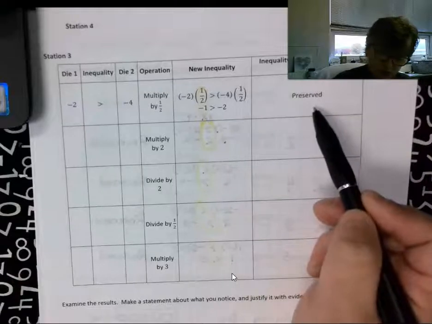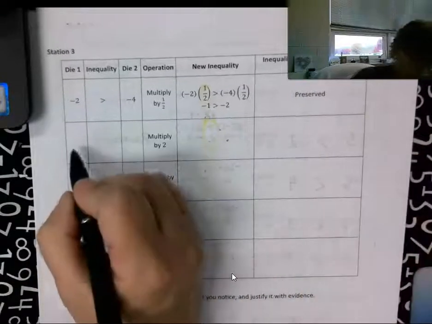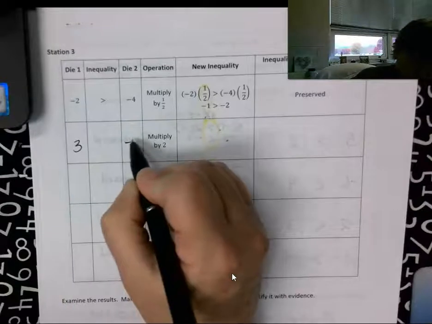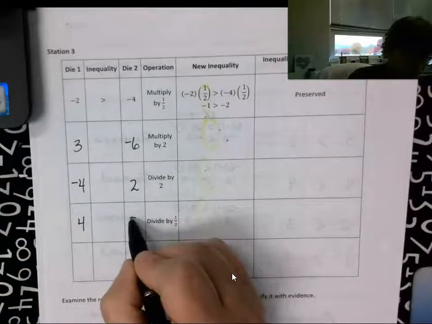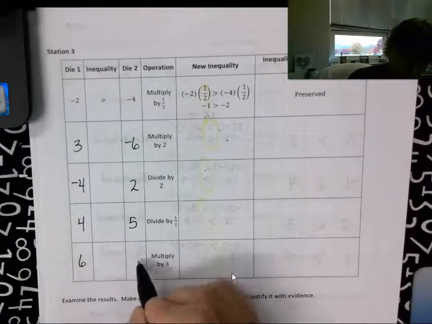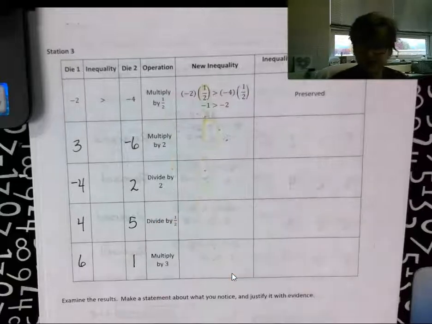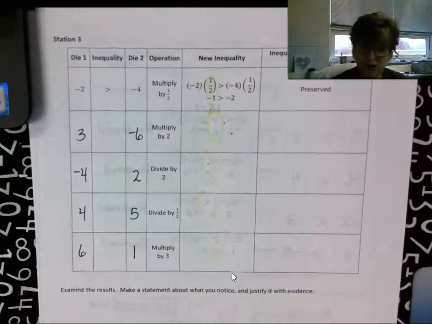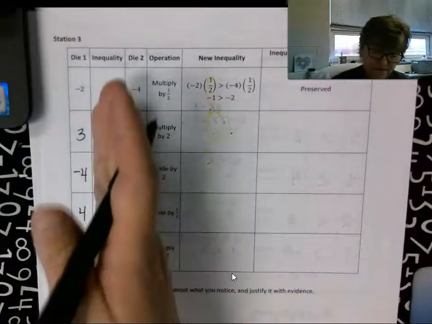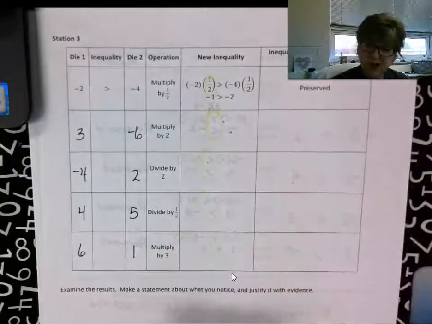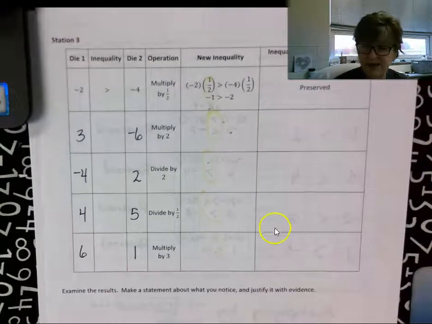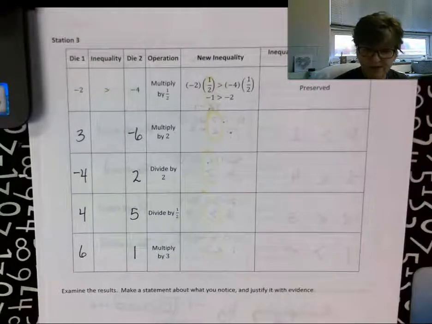And that is preserved. So taking a look at my next numbers, I'm going to let you continue with this pattern. If you'll copy these numbers down, I'm going to let you complete. Now the operation is changing this time, so be very cautious. Look at those operations, find those inequalities, prove it here, and go ahead and come up with a statement supported by the evidence. Come back when you're done.